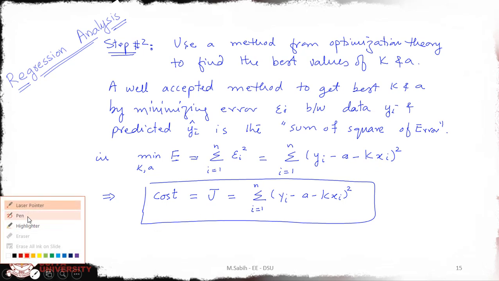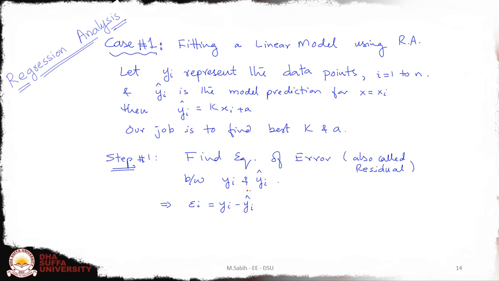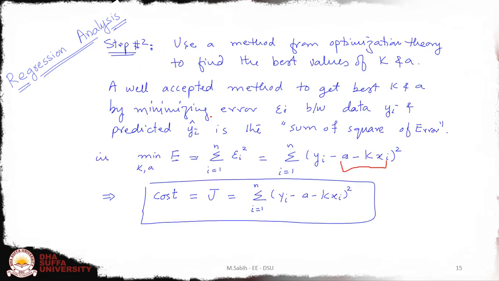We replace yi hat, which is this whole value, with k xi plus a here, and so this will be our cost function, and we have to minimize this error by changing different values of k and a.